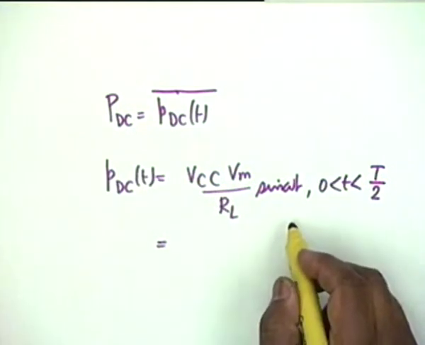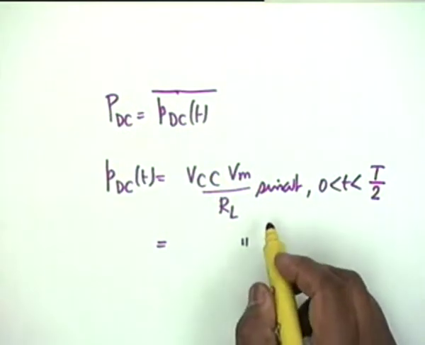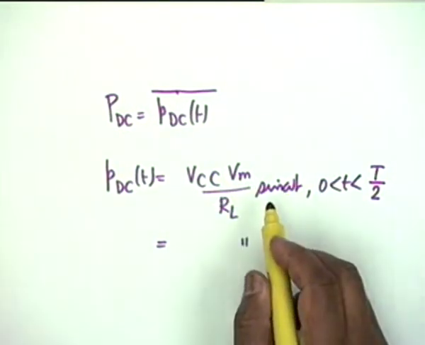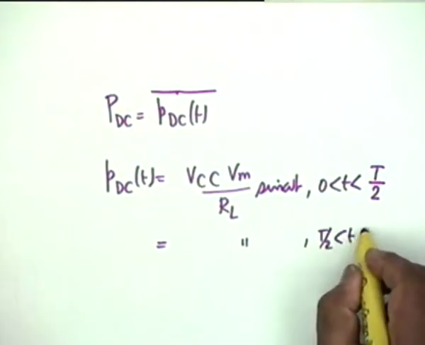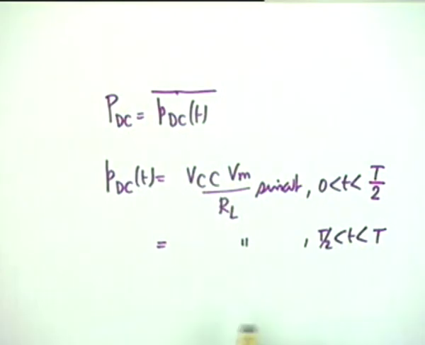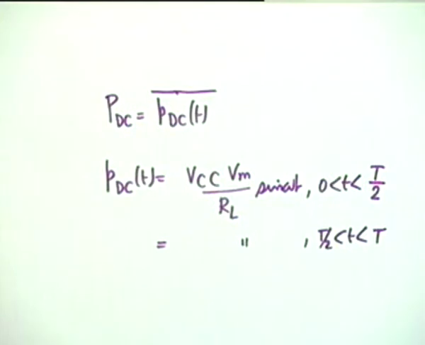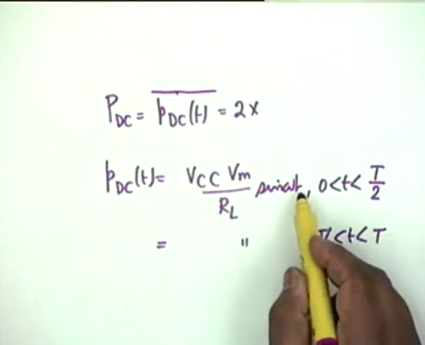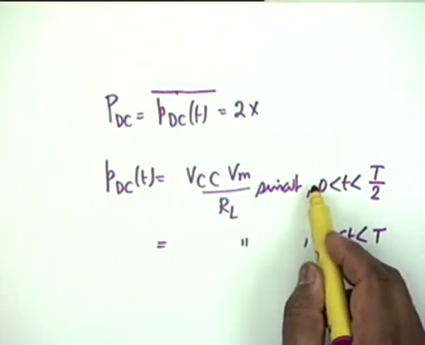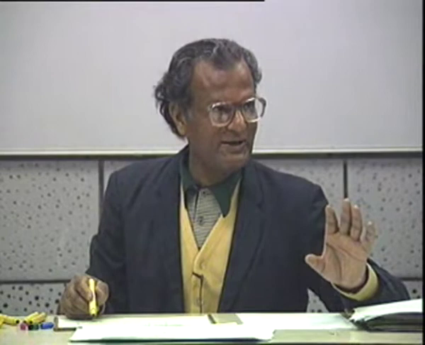And when Q1 does not conduct, Q2 conducts, the instantaneous power expression is the same. Okay, so this would be T by 2 less than t less than capital T. In other words, the PDC, which is the average value of small pDC(t), would be twice the average value of this expression over half the period, 0 to T by 2.